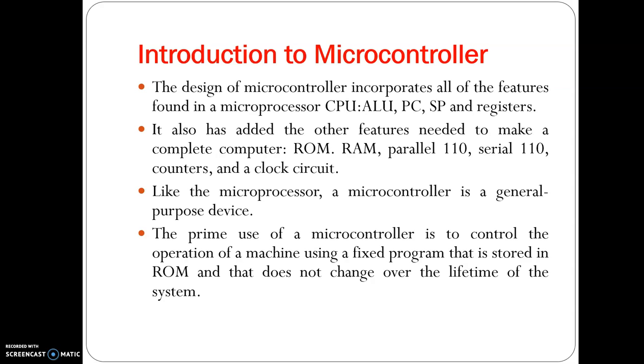So, the major difference between the microprocessor and the microcontroller is the memory. Obviously, some other differences are also there, like the timers and counters, which are internal to the microcontroller.